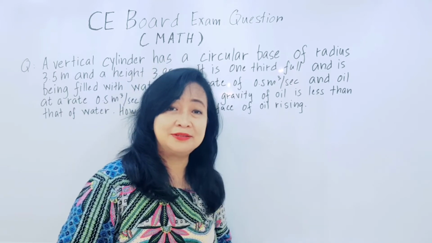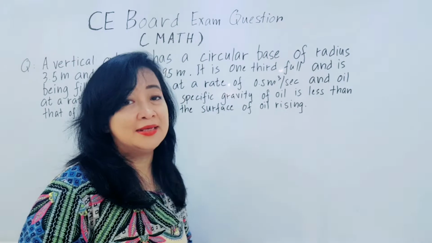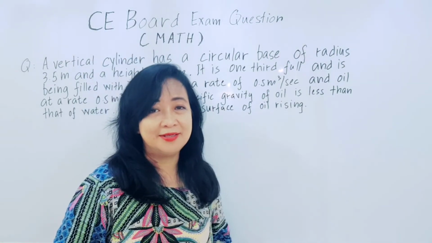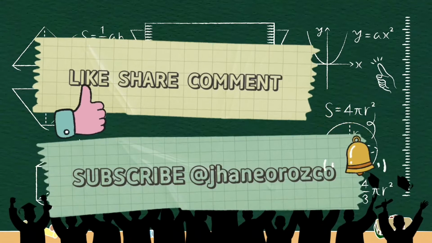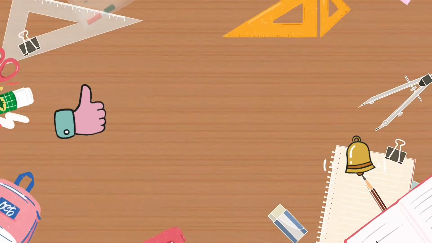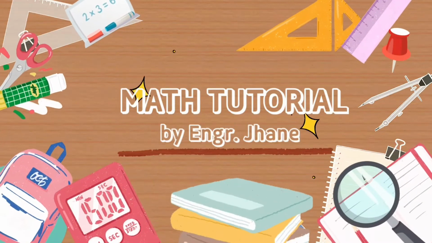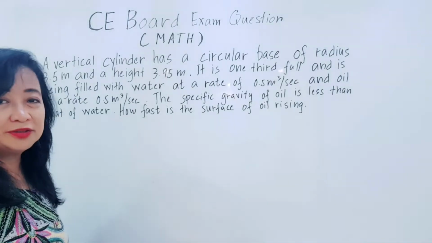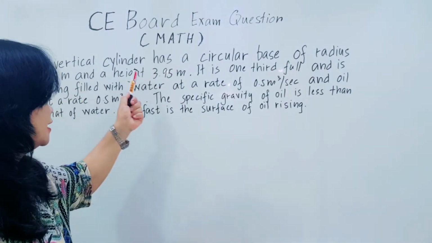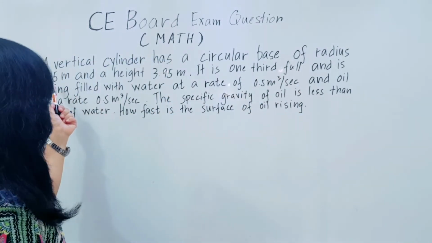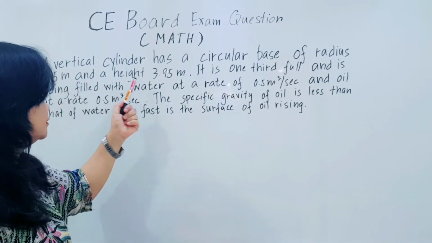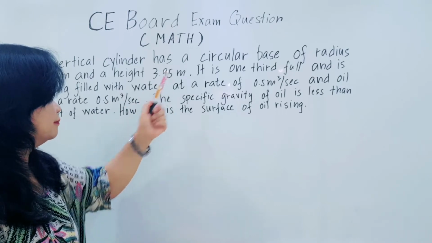This time, this was given last May 2014. The question: a vertical cylinder has a circular base of radius 3.5 meter and a height 3.95 meter.